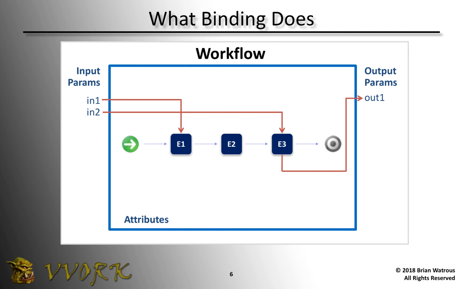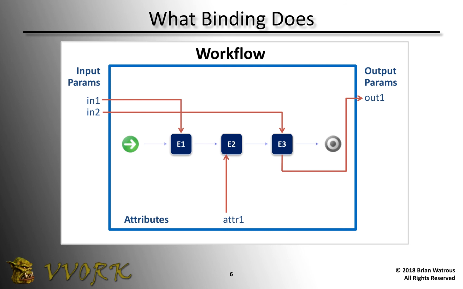On the other hand, we have another type of workflow variable called attributes. For instance, in this example, let's imagine we had an attribute called attr1. Unlike input parameters and output parameters that are limited in terms of the type of bindings that you can do, with attributes, we could create a binding from our attribute to a local variable in a schema element, such as we've illustrated here with this latest red arrow.